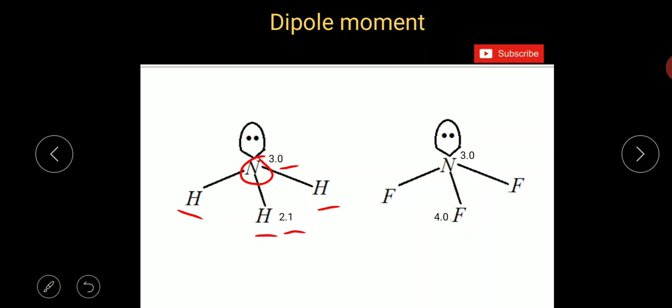The direction of dipole moment is towards the more electronegative atom. So the direction of the dipole moment of each nitrogen-hydrogen bond is towards nitrogen, and we have three such bonds.